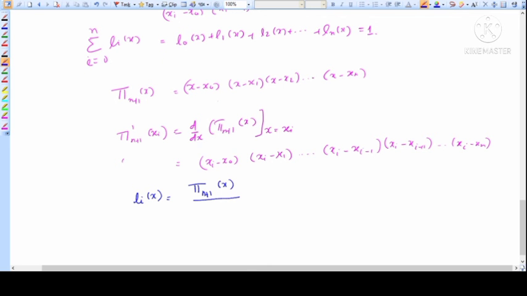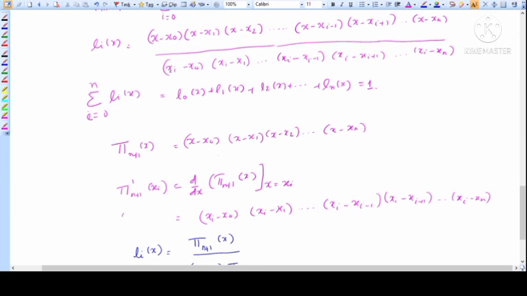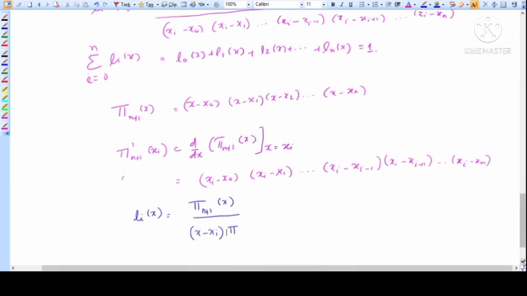Here there is a term x minus xi which we have to eliminate, so we just divide by the term x minus xi. The denominator is xi minus x0 and so on, which is nothing but pi n plus 1 prime of xi.